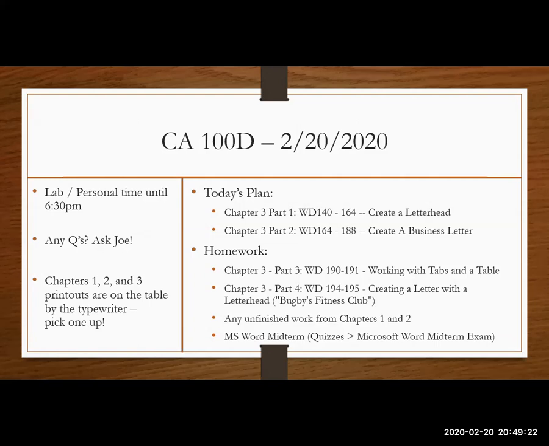And then pages 194 to 195 is to create the Bugbees Fitness Club business letter and letterhead. So that is the assignment. And with that, we have come to the end of Microsoft Word.